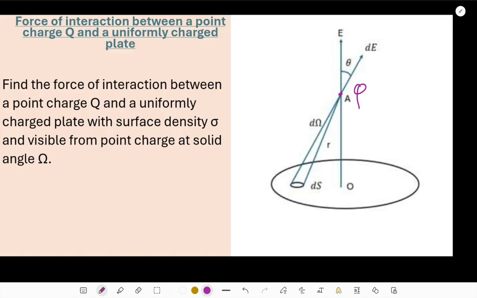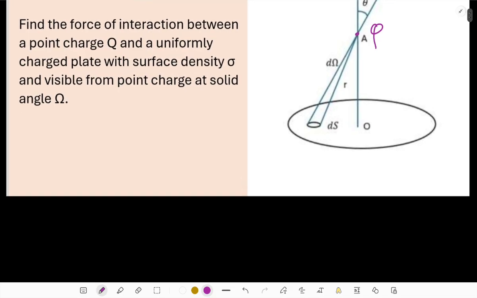We can use the Gauss law. We calculated the expression for Gauss law in the previous video, and it was: flux through an open surface, whatever surface it is, due to a point charge Q, can be written as Q by epsilon naught times sigma, the solid angle subtended by the whole surface, divided by 4 pi.